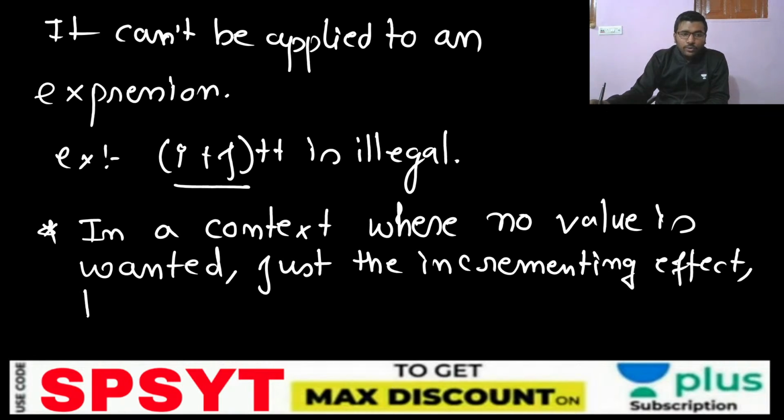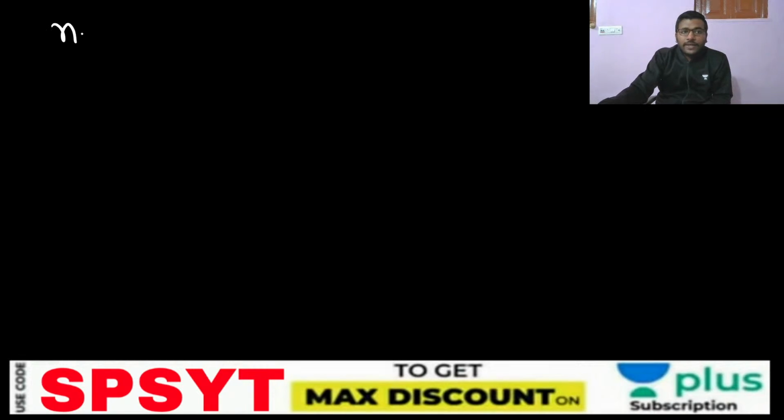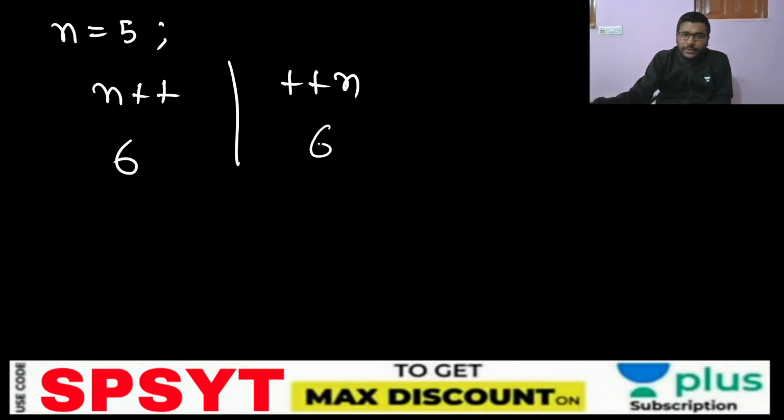So postfix and prefix are the same. If you are writing code, and your n is 5 and you do n++, it is going to give you n equal to 6, and ++n is also going to give you n equal to 6, because here you are not assigning the value to anything else.